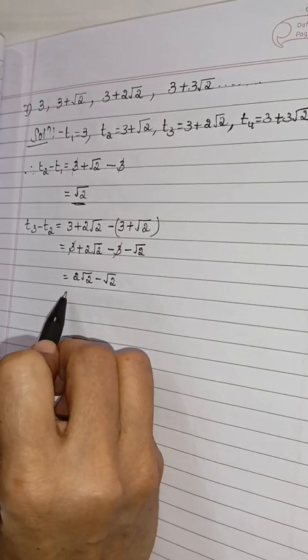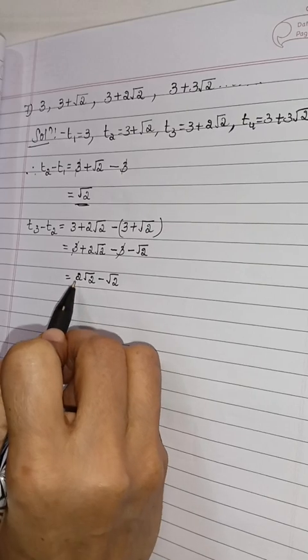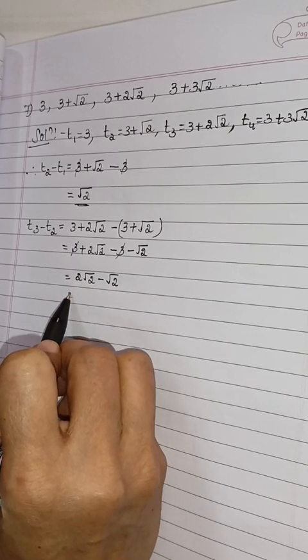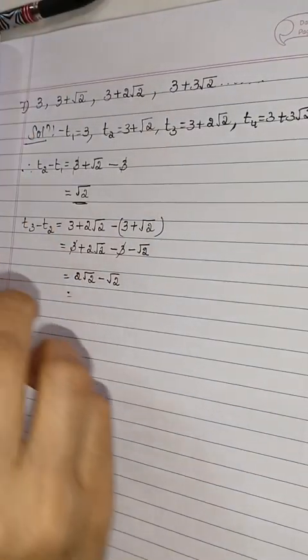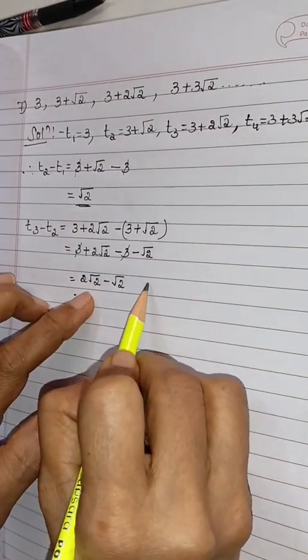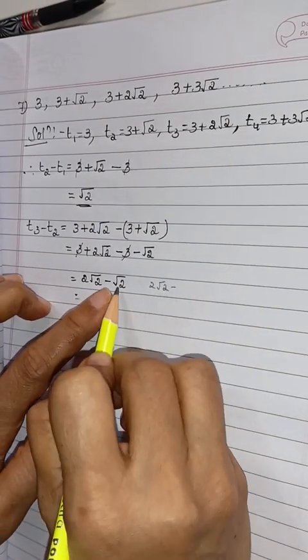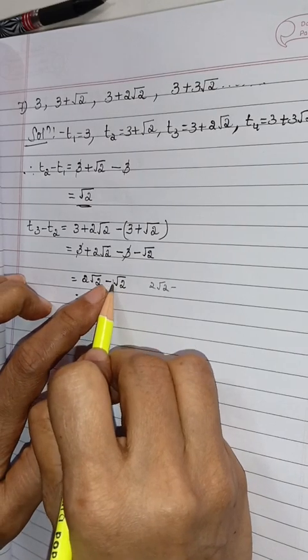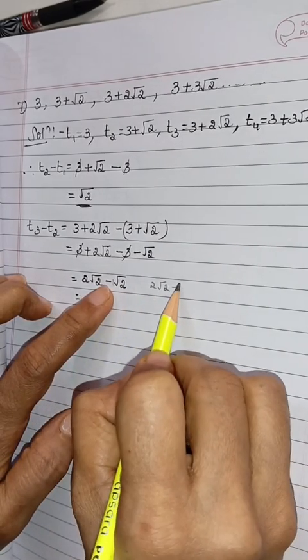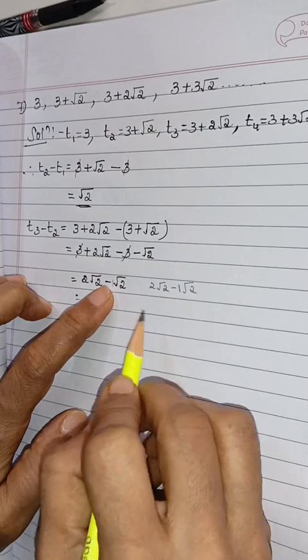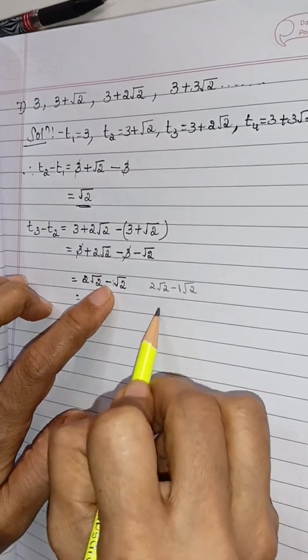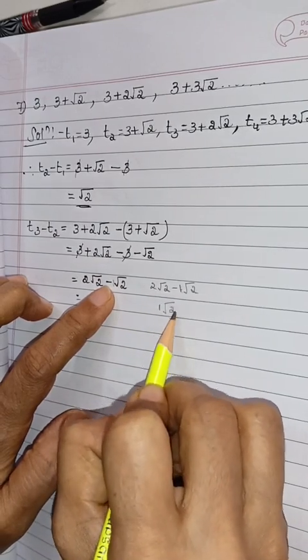Here it is 2 root 2 minus 1 root 2, so 2 minus 1 is 1: 1 root 2.